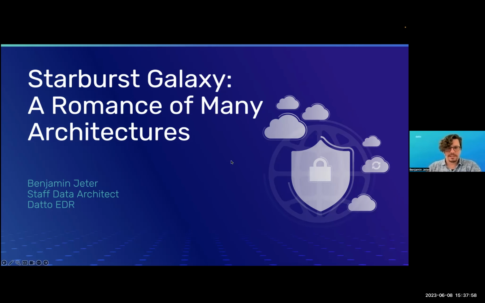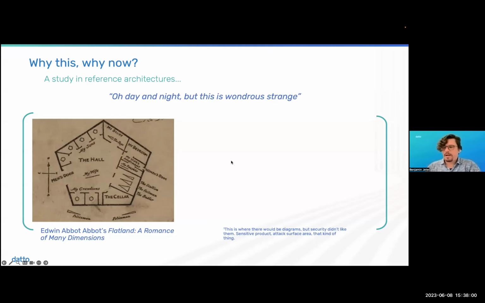And just to get started, I would like to touch on the title that some of you may be wondering about, and that's a reference to Flatland, A Romance of Many Dimensions by Edwin Abbott Abbott. And I think it's a helpful metaphor for thinking through basically the different aspects of what we should always be doing when we're working on the design for a data platform.